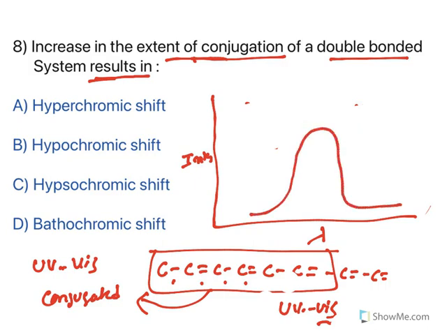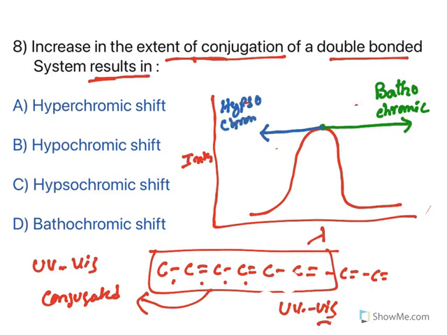If the presence of a particular group causes absorption at increased wavelength, it is known as bathochromic shift. Bathochromic shift. Whereas if a particular group is causing absorption at lesser wavelength, this is known as hypsochromic shift.